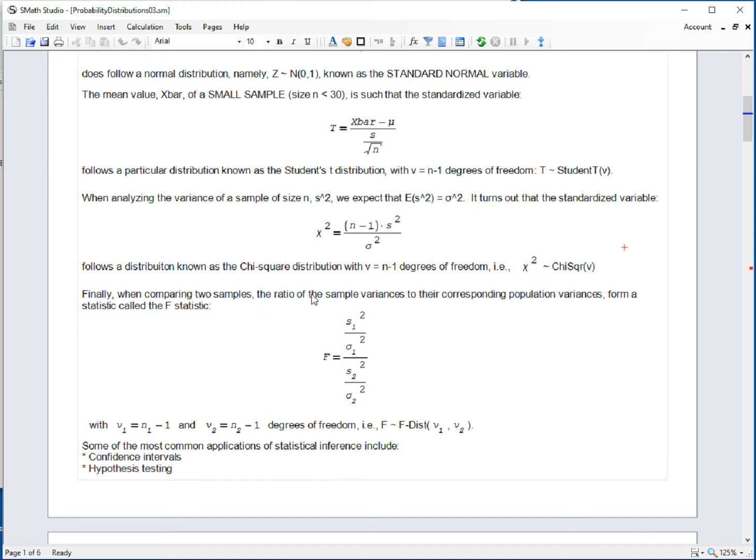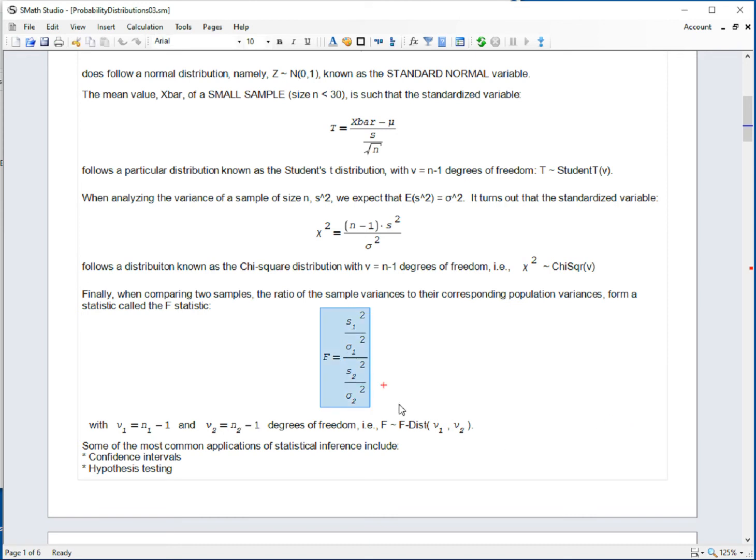Finally, when we compare two samples, the ratio of the sample variances to the population variances for the two samples forms a statistic called F, with parameters nu1 and nu2 equal to the sample size minus 1 for the first sample, and sample size 2 minus 1 for the second sample.